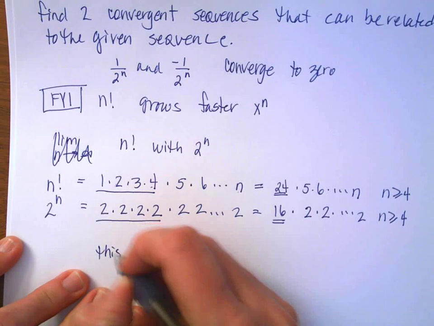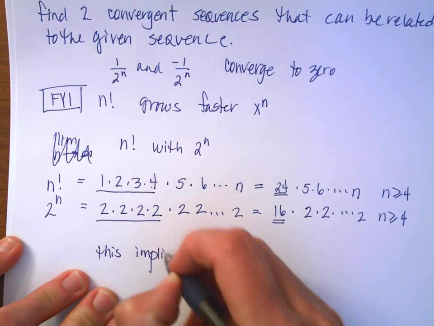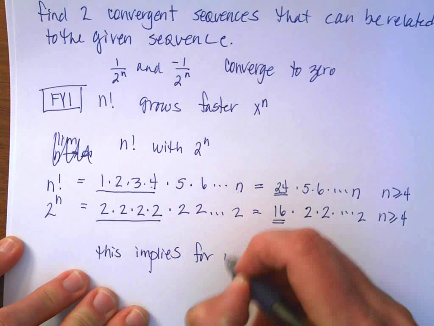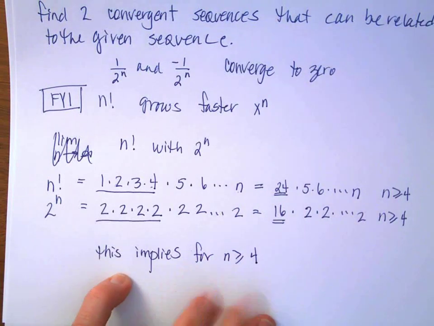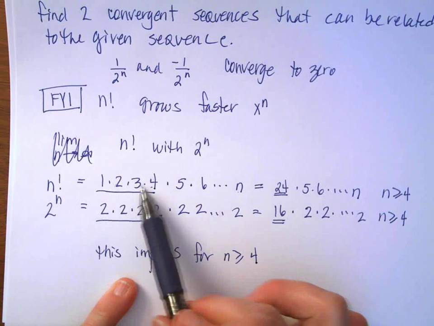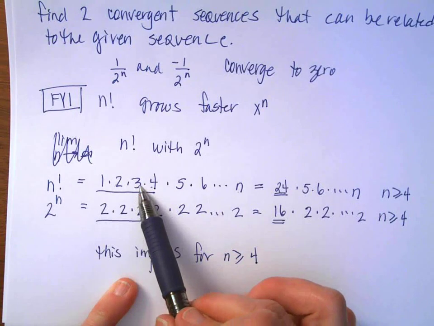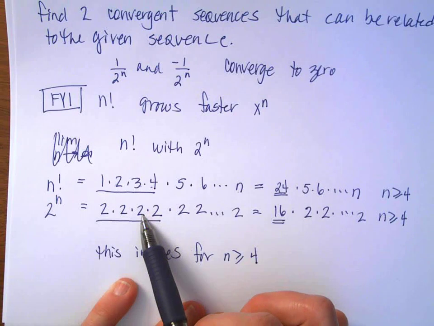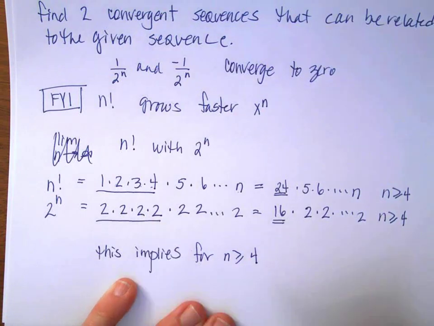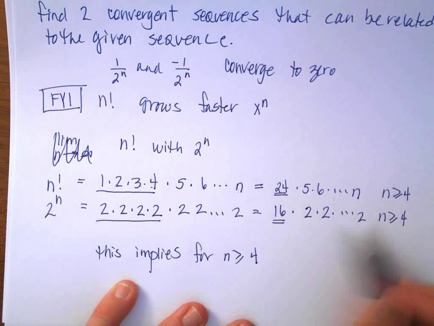So because that is true, this is almost like a proof, this implies it for n is greater than or equal to 4, okay? And if you'll notice, why did we choose 4? Well, if I stopped here, this would be 6, and if I stopped at the 3rd term, this one would be 8, and it kind of defeats my purpose.